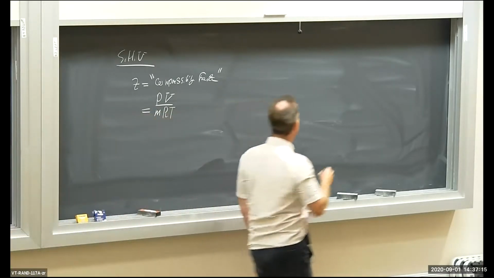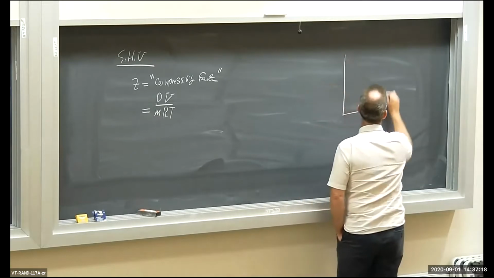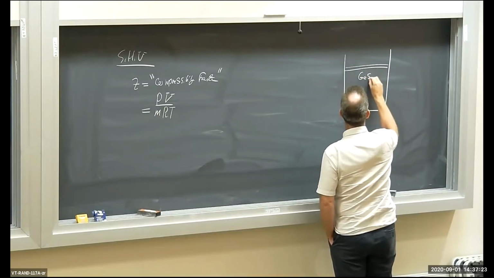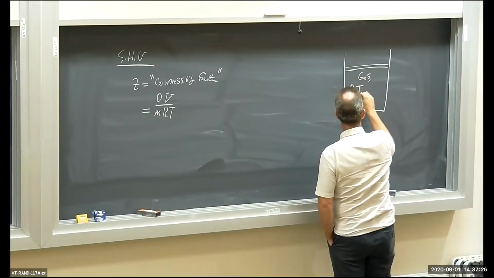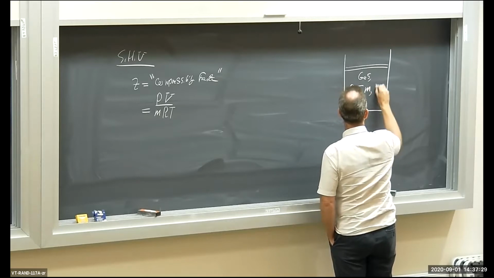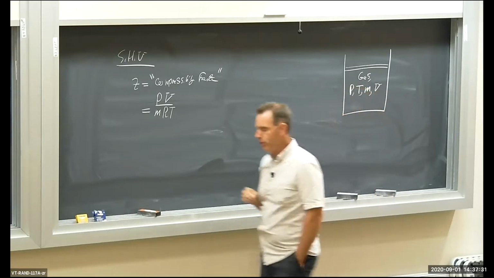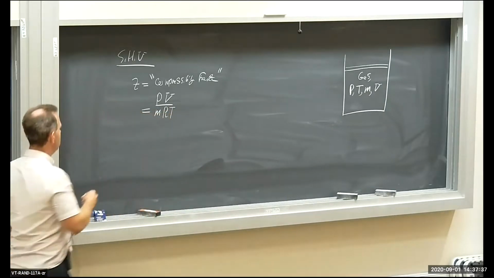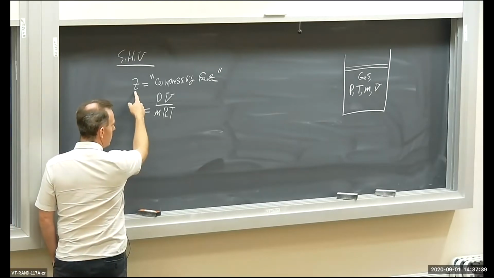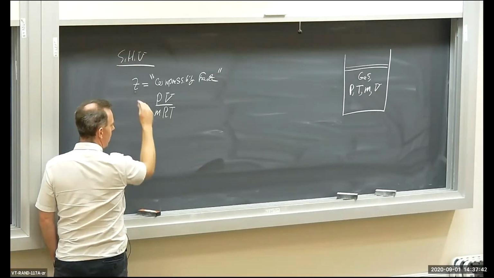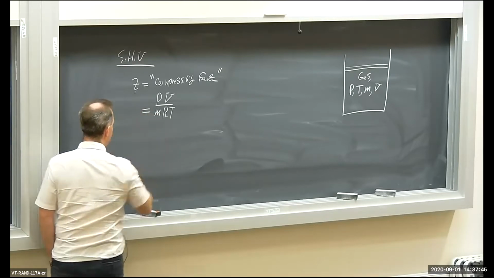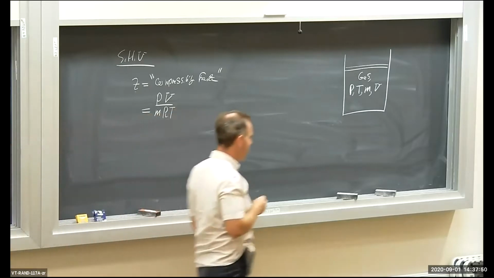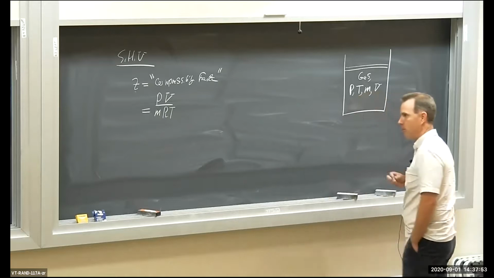If we have a container, let's say, and it's a gas, it has a pressure, it has a temperature, there's a certain amount of mass in it, and it has a volume. Pressure, volume, temperature, and mass are all related by this equation. Z is some quantity that's looked up using some kind of table or chart.